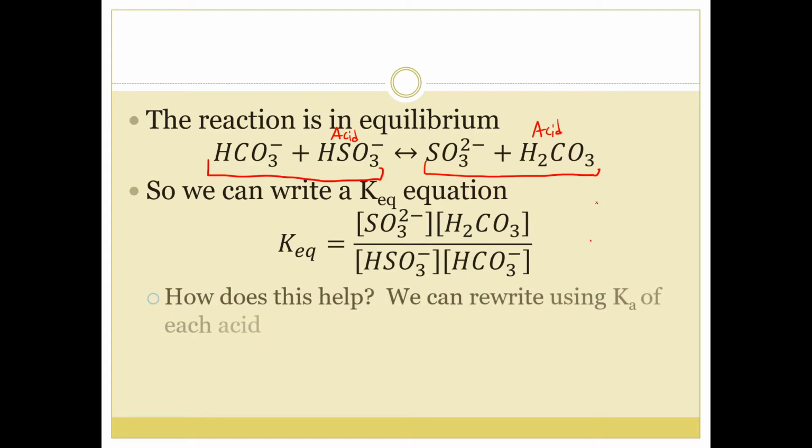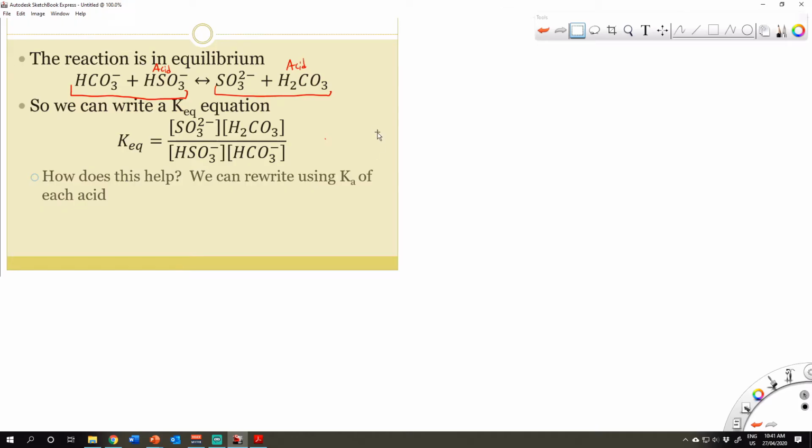Now the interesting thing is we can actually rewrite this using the Ka of each acid. What I mean by that, I'll show you in a moment, is that both of these equations look very similar to the Ka of their respective acids. So let me quickly write out the Ka of each acid.